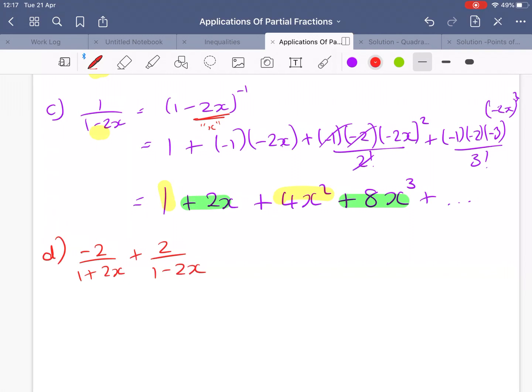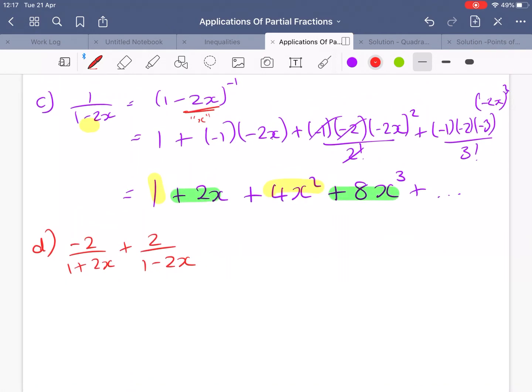Right, let's think about what each of these is. Because I'm going to run out of space here, this is the same as minus 2 times 1 over 1 plus 2x. Because thinking about fractions, multiply the denominators, multiply the numerators. And I always tend to write this as minus 2 times 1 plus 2x to the minus 1.